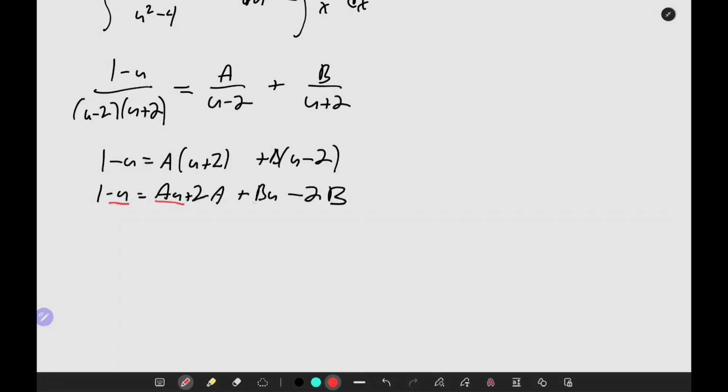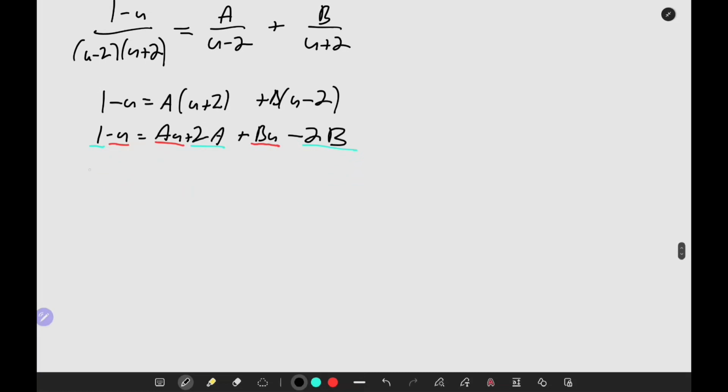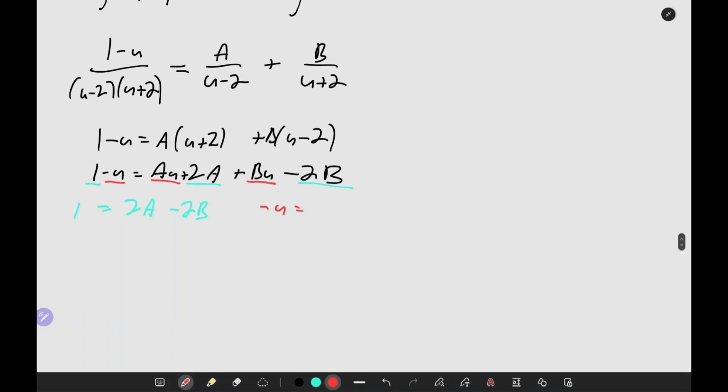So we have the u's here, and then we have these here, right? So now we're going to have two equations. Let me do two different colors. We have 1 is equal to 2a minus 2b, and we have negative u is equal to a times u plus b times u.